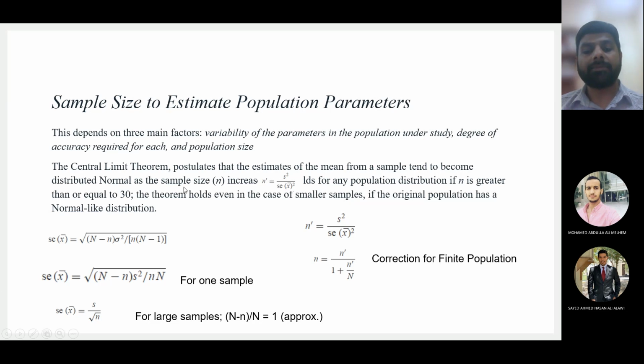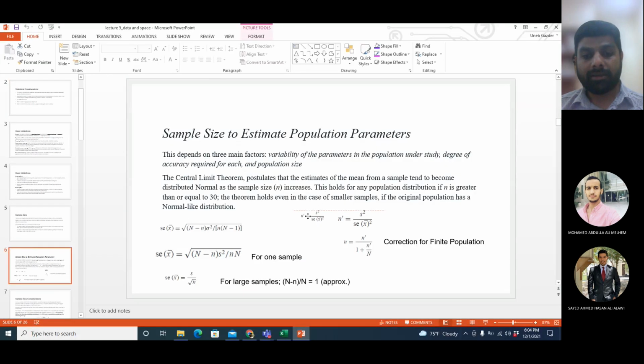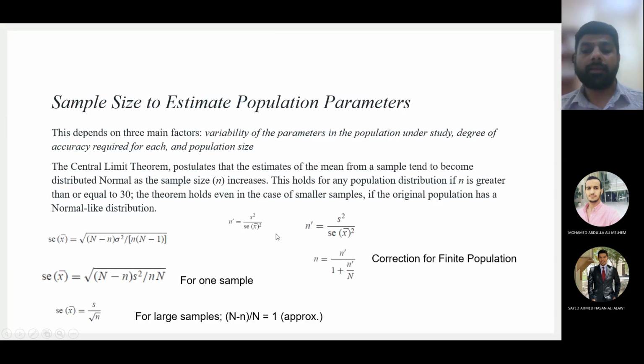As the sample size increases, the mean of the data set becomes close to normal distribution. Okay, so normal distribution means it's a bell-shaped curve. Let me draw it.